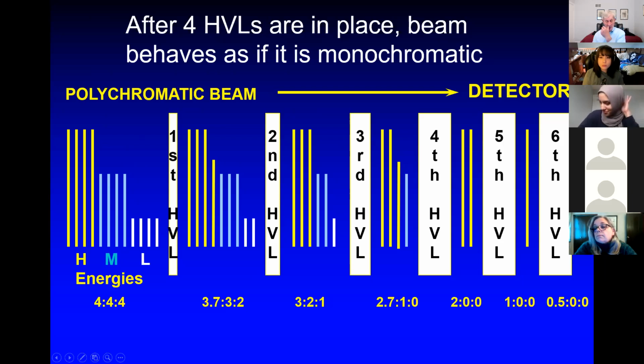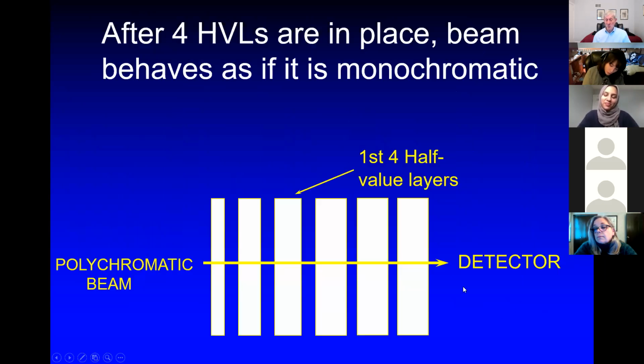It's hidden on my screen because I see your images here. Let's go back one, and here, this is what this is showing. You have a thinner one getting thicker and thicker and thicker. But now that we got to 4 layers, layer 5 equals layer 6 equals layer 7 equals layer 8, and so on. So after 4 layers, it's considered to be monochromatic.